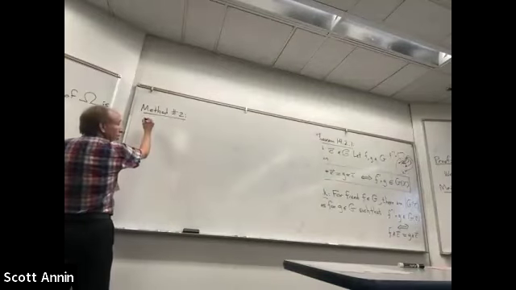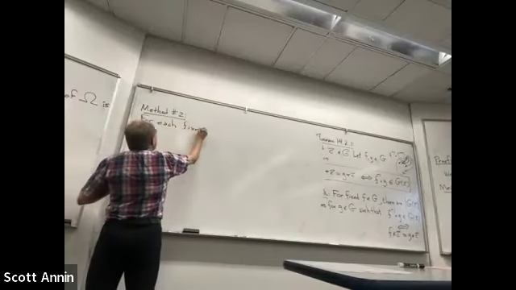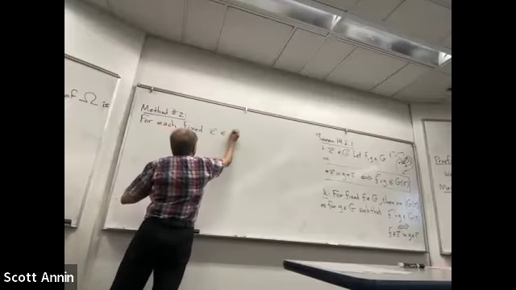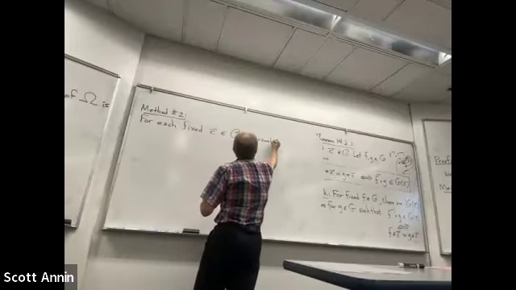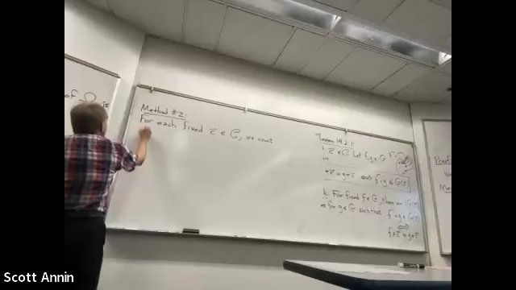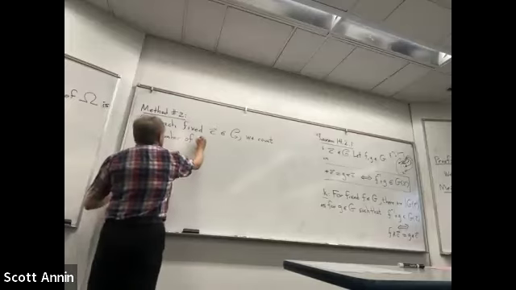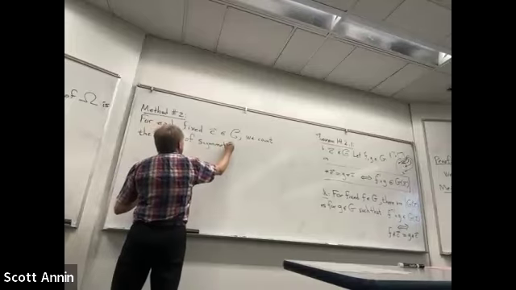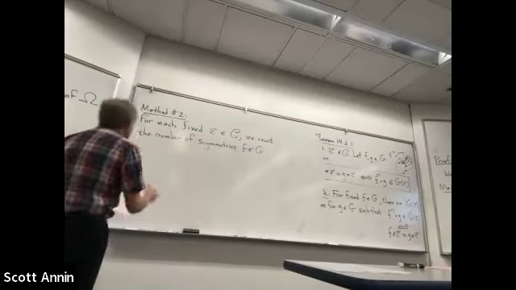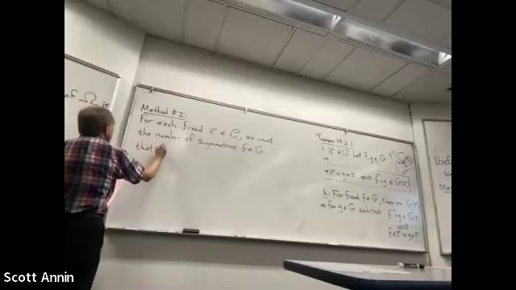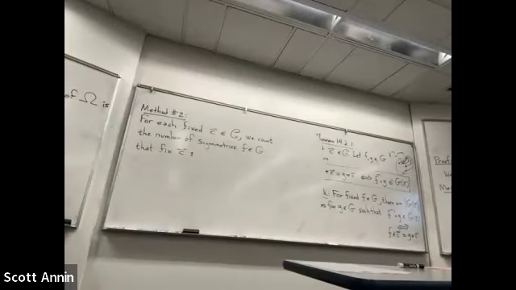So for each fixed coloring C in the set of colorings, we count the number of symmetries F from the group of symmetries that fix C. That's what we're going to do.